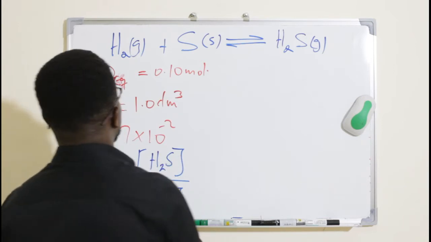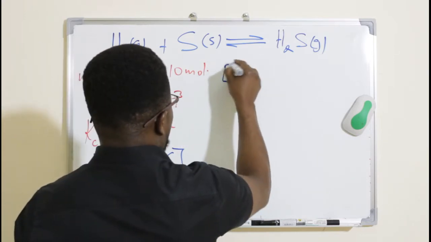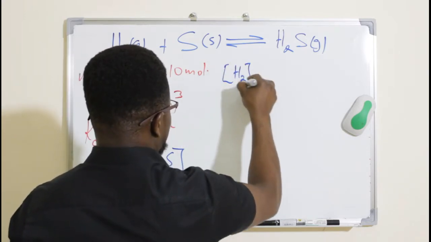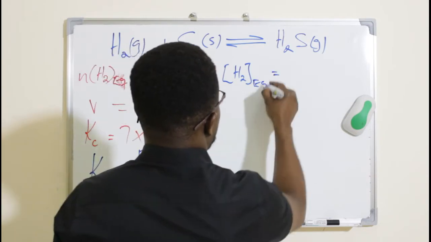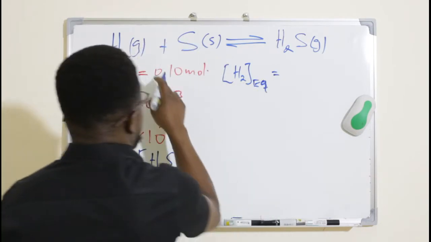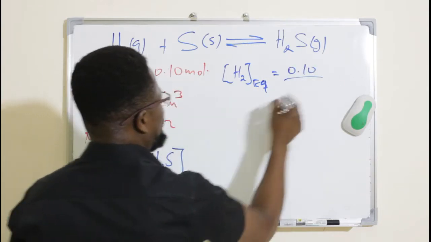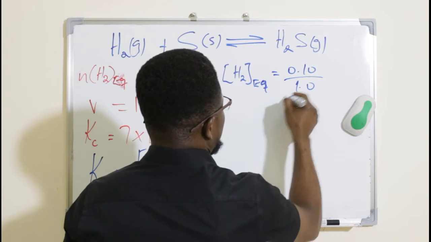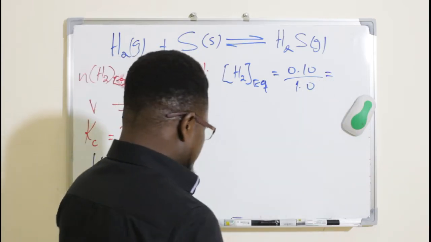So let's do that quickly, guys. Okay, so I am going to find the concentration of H2 gas at equilibrium, and to find that, it is going to be 0.10 divided by the volume, which is 1.0. When you work this out, what are we getting?